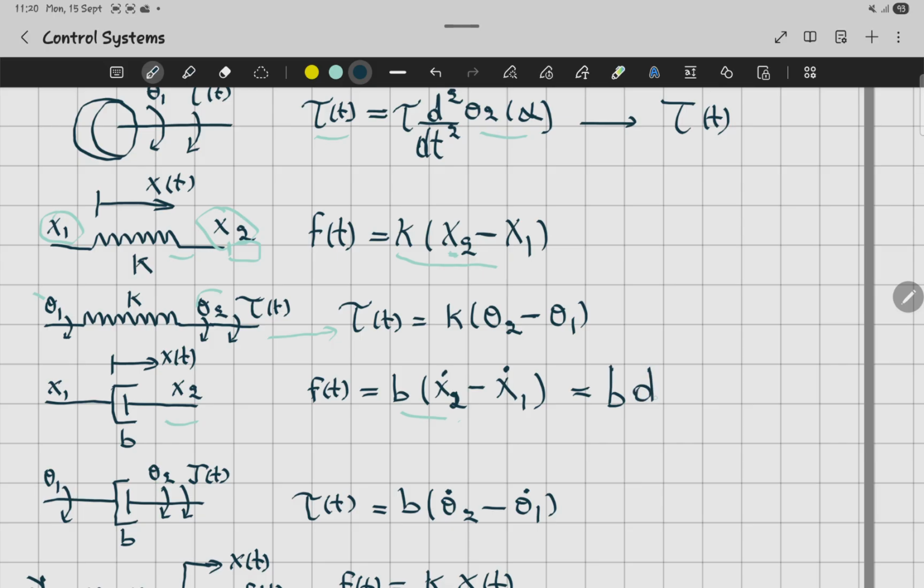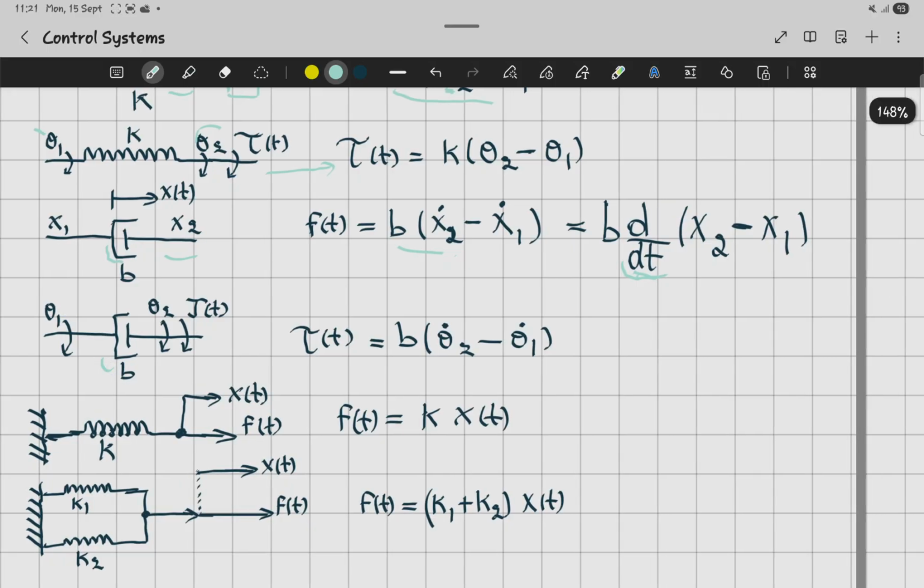Okay, and since we have this, we can also write it in this way: B, first derivative of x2 minus x1. You can also write it in this way. That's why you see we have a dot. Okay, it's the same. And remember, when you have this component, you need to use the first derivative.